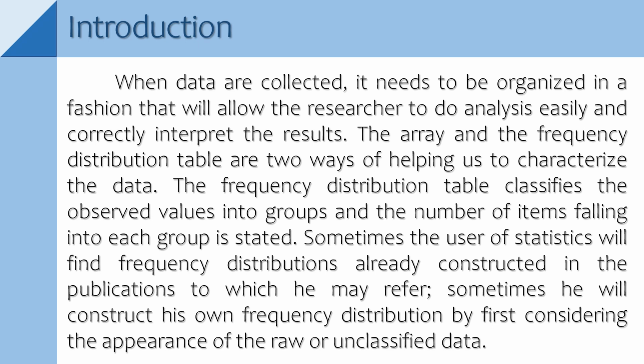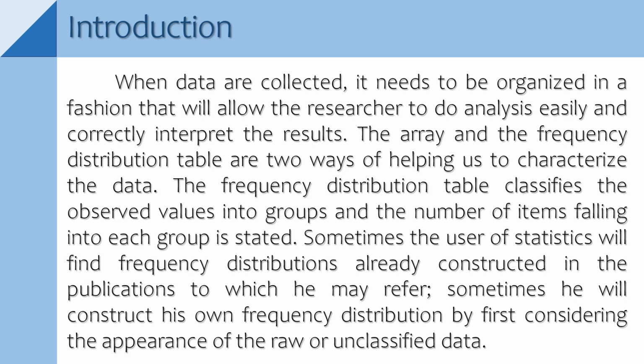The frequency distribution table classifies the observed values into groups, and the number of items falling into each group is stated. Sometimes the user of statistics will find frequency distributions already constructed in the publications to which he may refer.